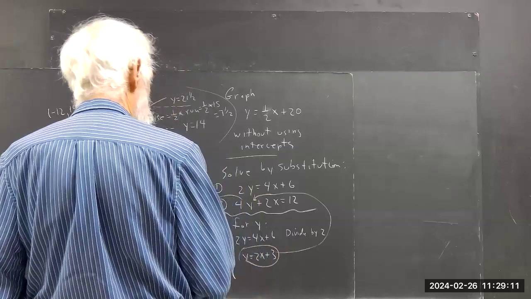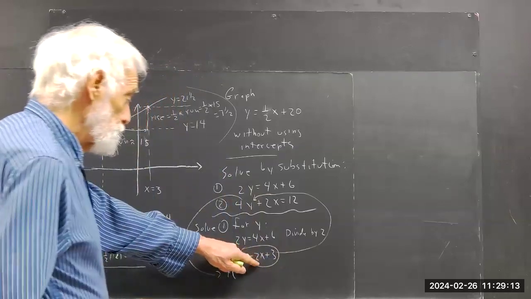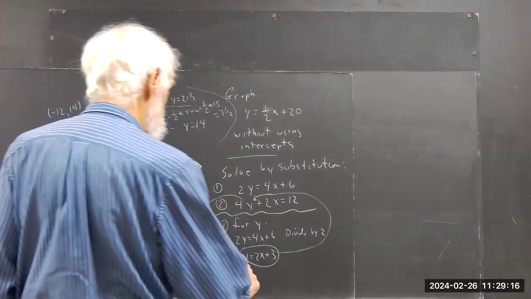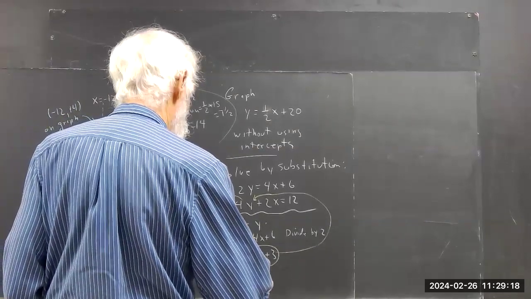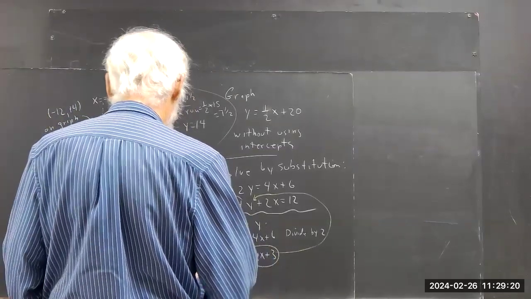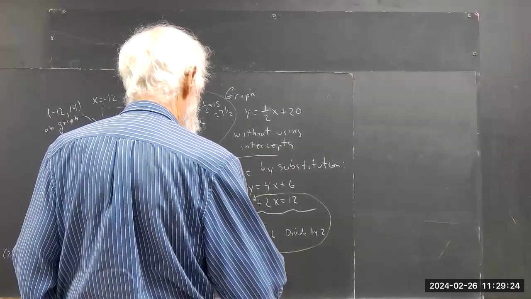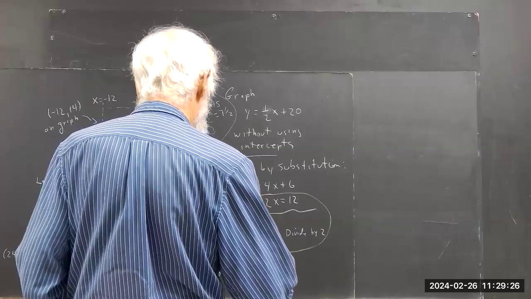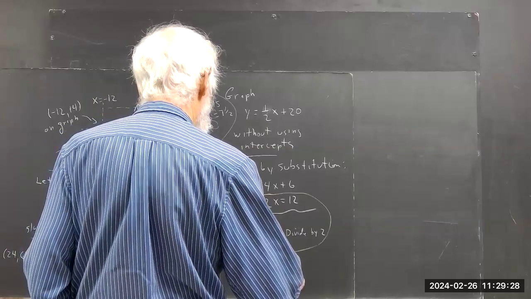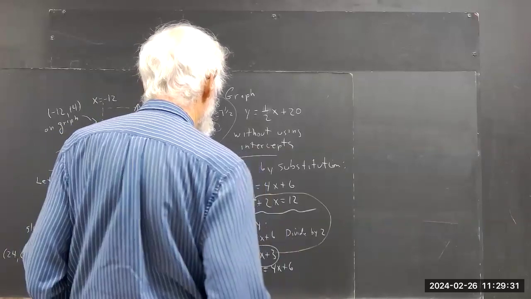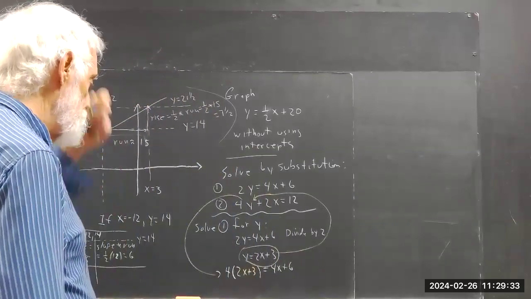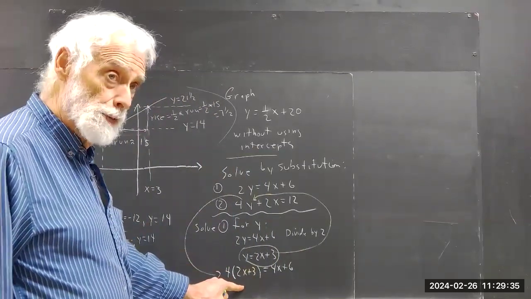4 times y, but y is 2x plus 3. Okay, so we multiply 4 times the 2x plus 3 equals 4x plus 6. And now we know how to solve this equation.